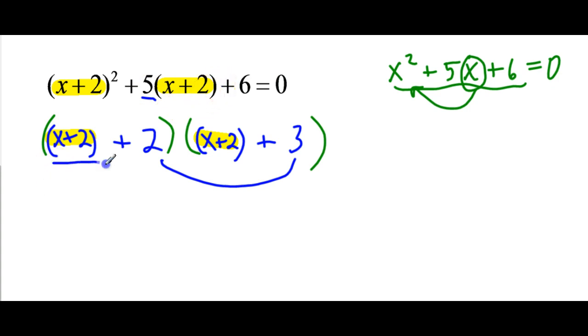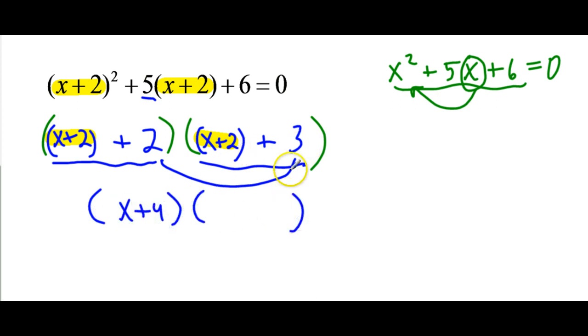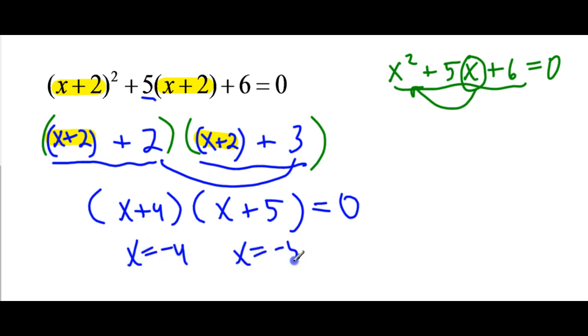Now it's just a matter of simplifying what's in here and what's in here. This parentheses would be x plus 4, and if you add 2 plus 3, you get x plus 5. And so we have fully factored this. If we want to solve it, you'd say x equals -4 and x equals -5.